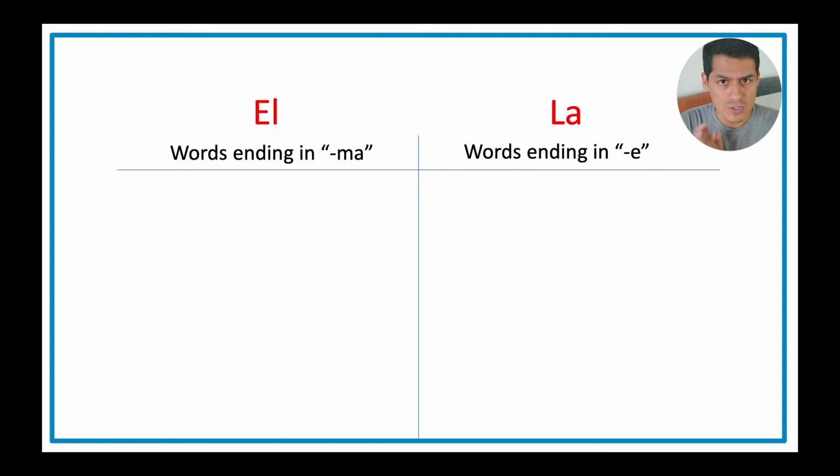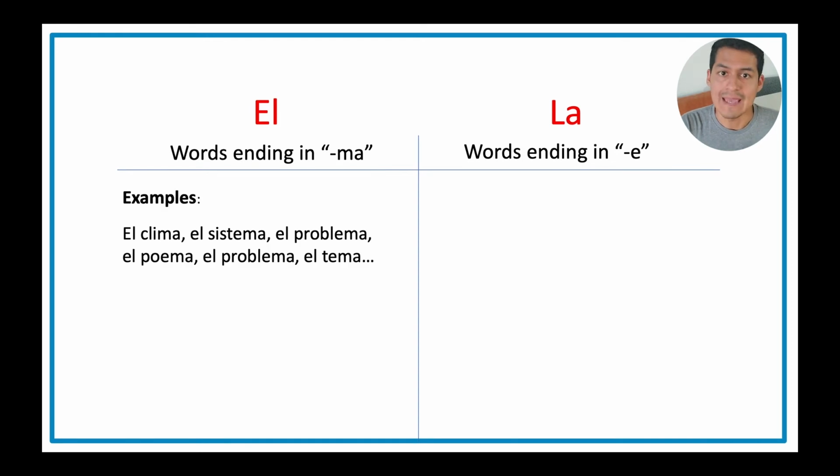Now, words ending in ma will be masculine. For example, el clima, el sistema, el problema, el poema, el tema. The words end in ma and they use the article el.